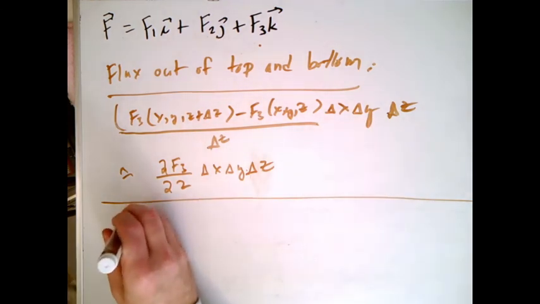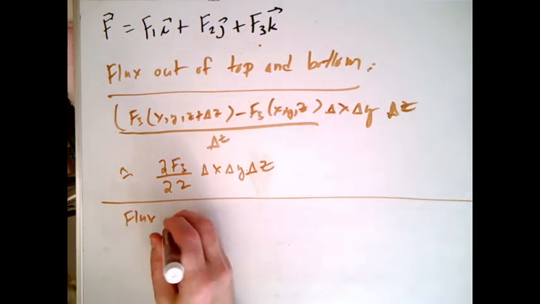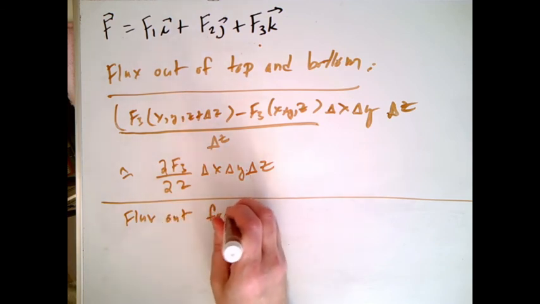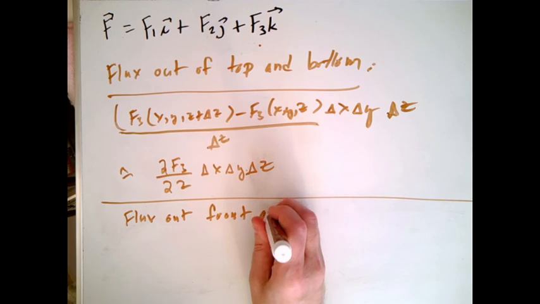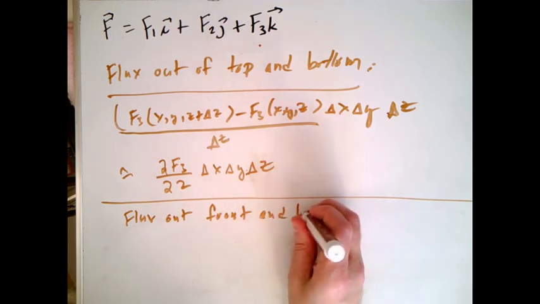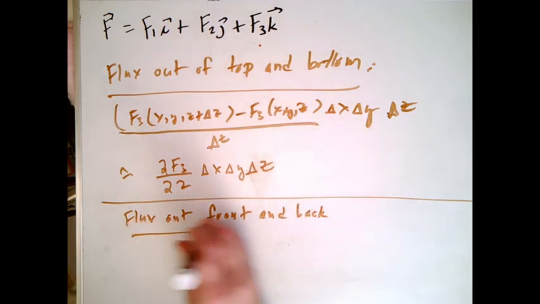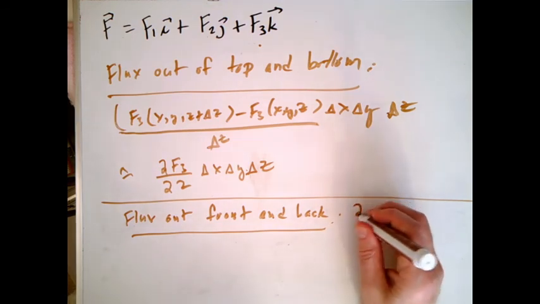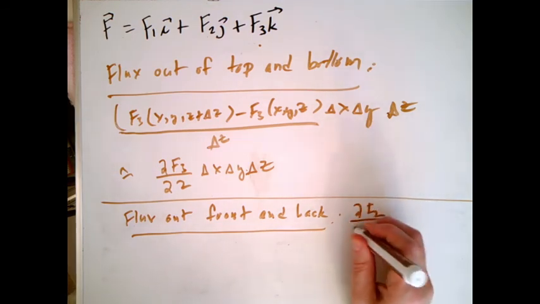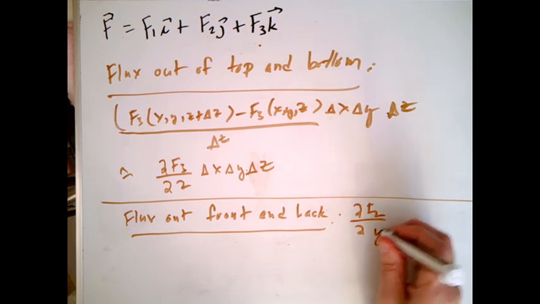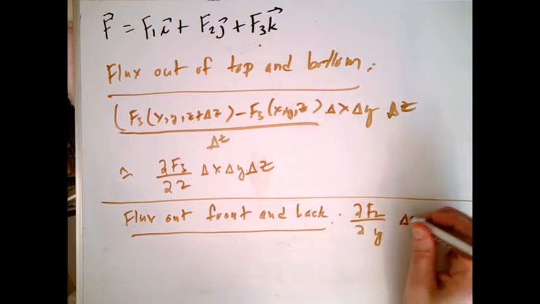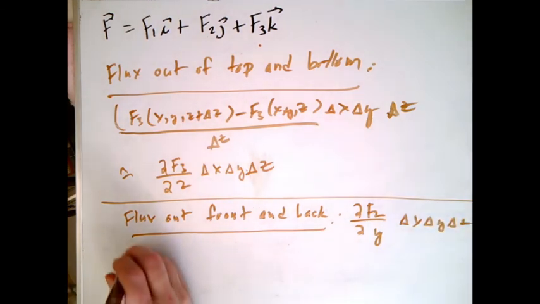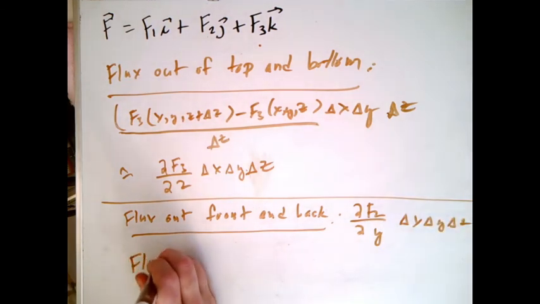The other four sides are very similar and aren't really worth going over. I usually have students do this during class, so if you want to, please do it. Out the front and the back is going to be very similar. That's going to be very close to the partial of f2 with respect to y, and that's also going to be delta x, delta y, delta z, and then the flux out the left and the right.